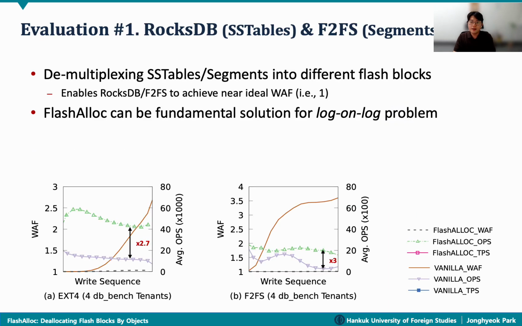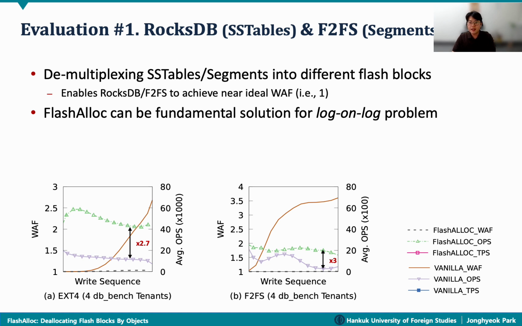In both RocksDB and the F2FS file system, FlashUnlock consistently delivers a nearly ideal WAF and higher throughput than the vanilla version. In vanilla RocksDB, SS tables populated by multiple compaction threads concurrently are multiplexed into the same flash block.